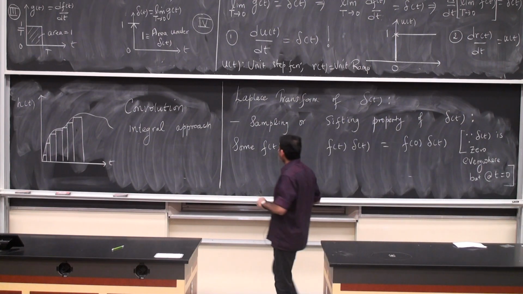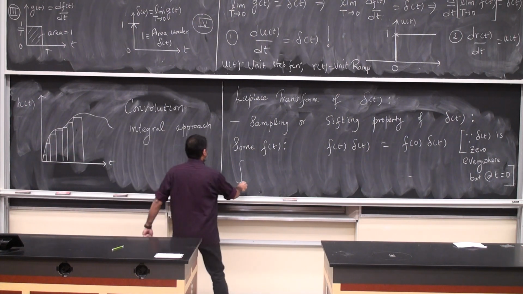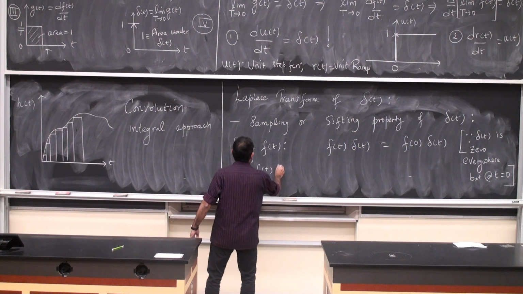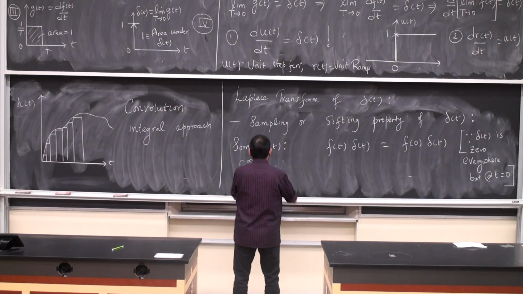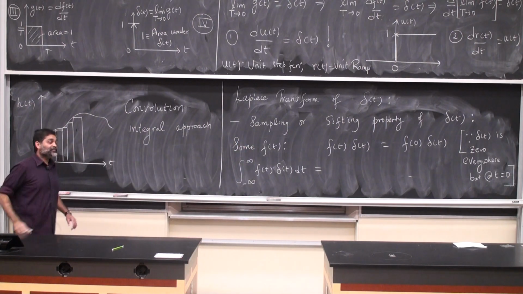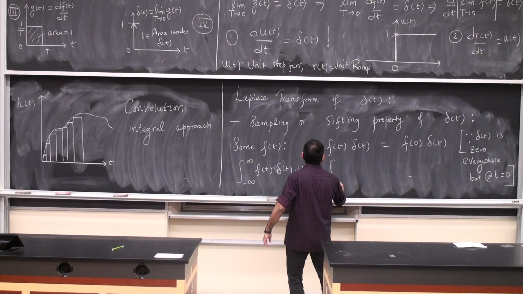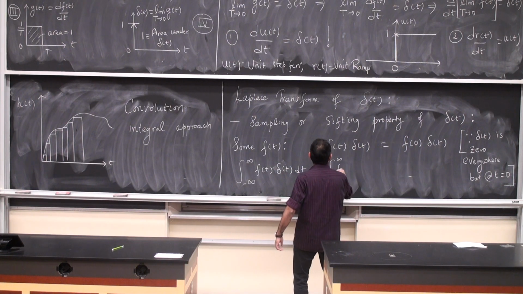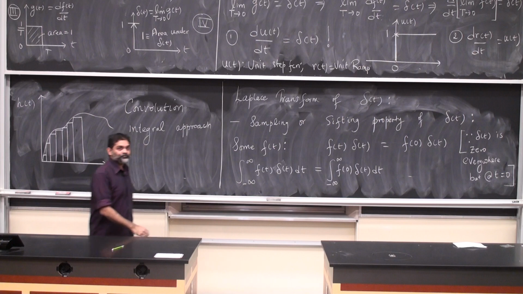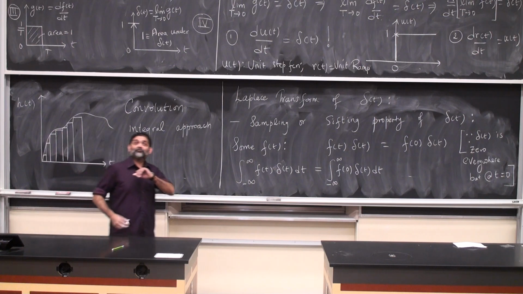And now see, if I consider the integral from minus infinity to infinity of f of t delta of t dt, I can rewrite this as the integral from minus infinity to infinity of f of 0 delta of t dt. f of 0 is no longer a function of time, I can take it out of the integral.